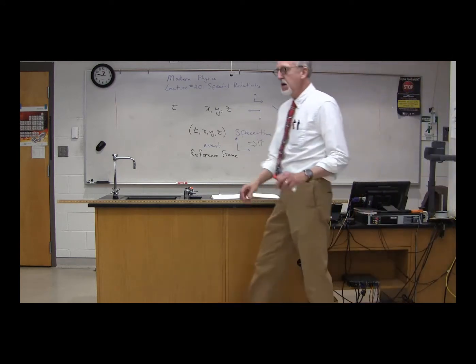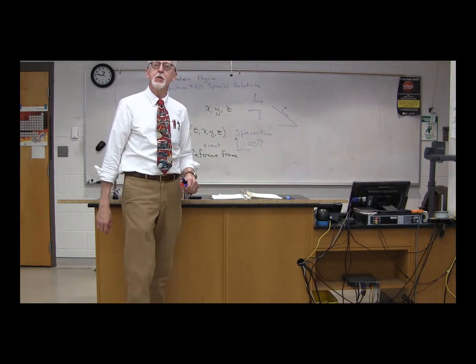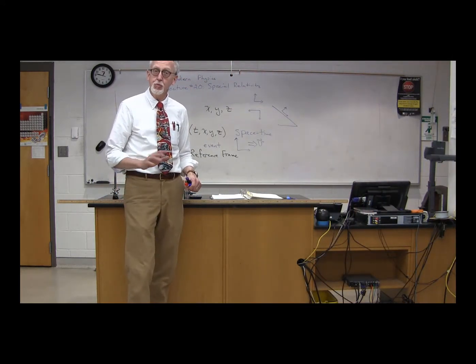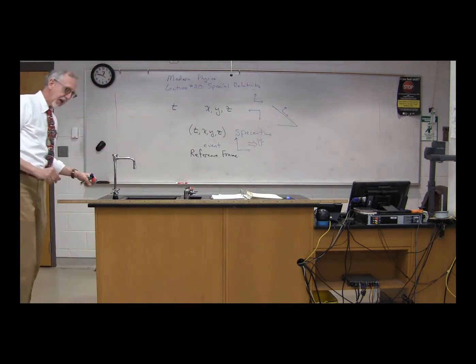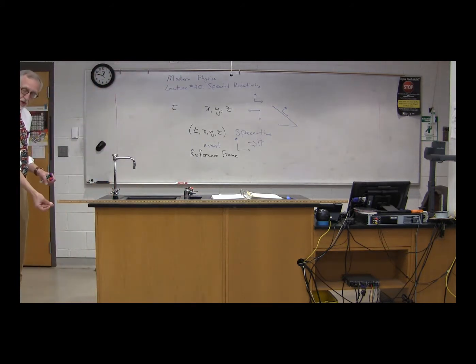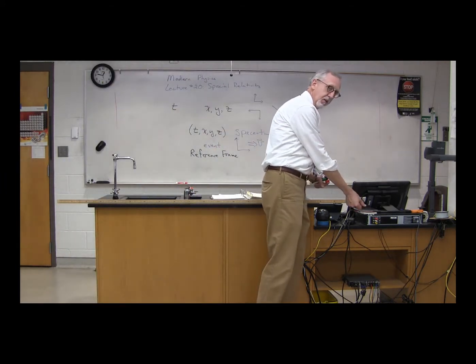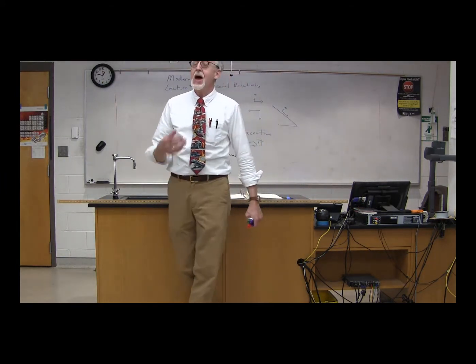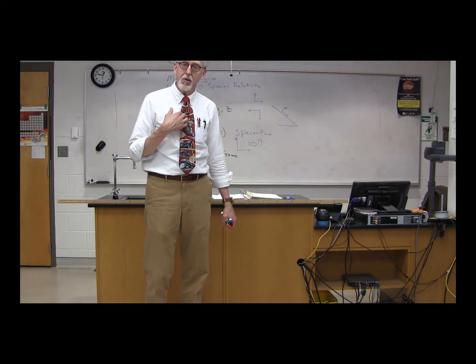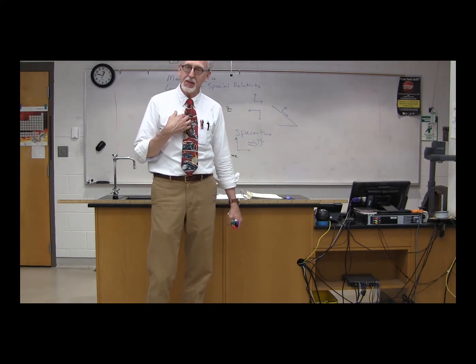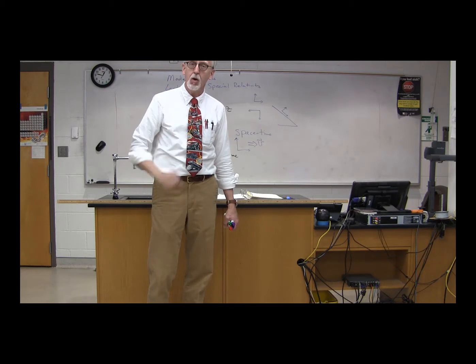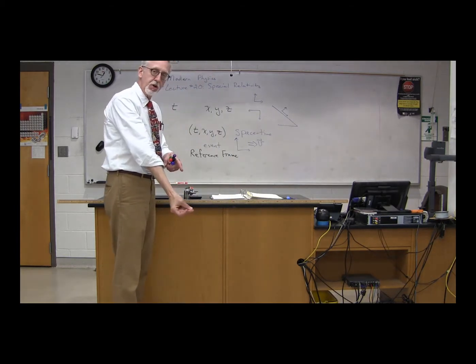Now, you might say the distance between those two events was 2 meters, because one event took place over here, while the other took place over here, 2 meters apart. However, I would say, in my reference frame, the distance between them is 0. Why? Because they both occurred at the same place.